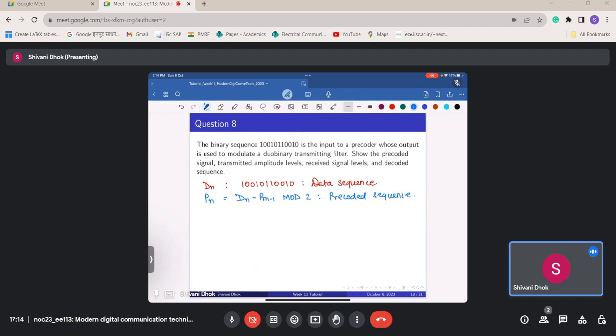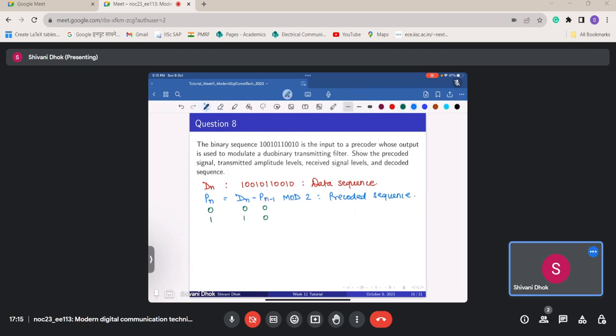Okay, so what it is doing is, it is doing a binary subtraction. So what does it mean? So if this thing is 0 and this is 0, then your Pn will be 0. If your Dn is 1 and your Pn minus 1 is 0, then this thing will be 1, your Pn. I'm sorry, I made a mistake. This should be Pn minus 1.